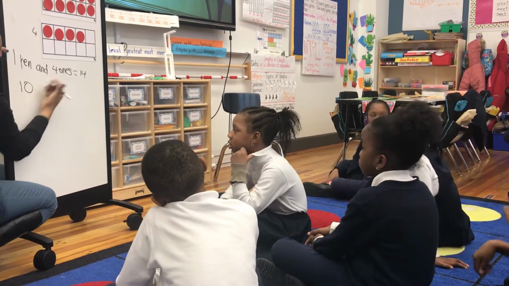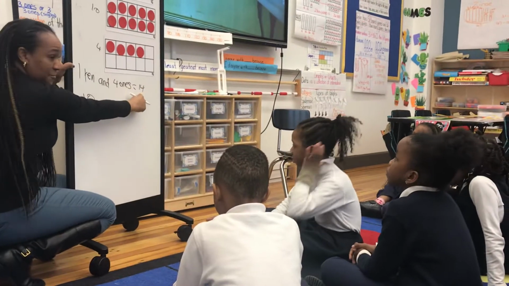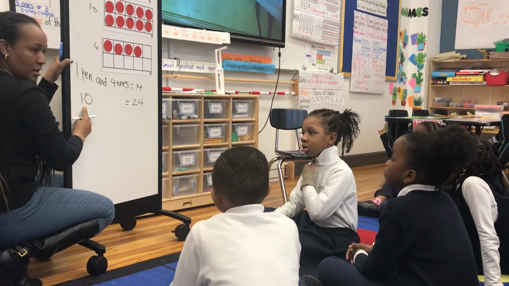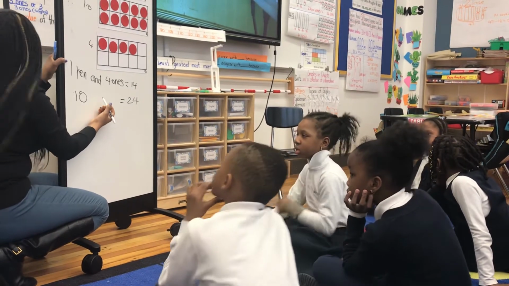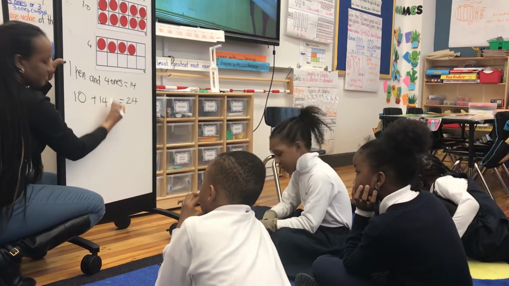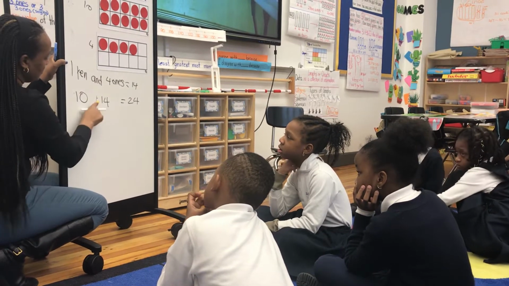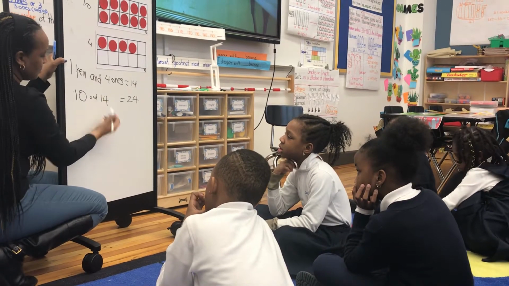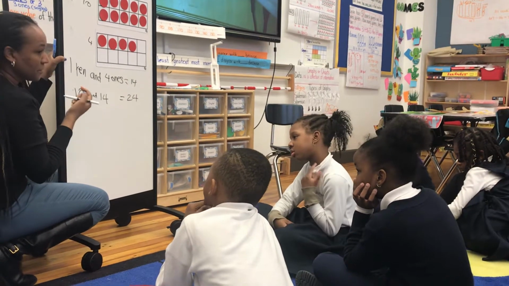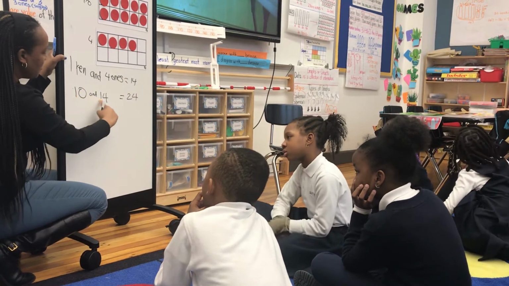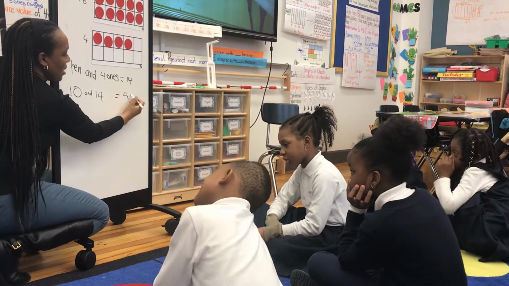Okay, so can you show me how this would be 24? You said 1 10 and 4 is 14. And then if you have a 10, and then you will have 4 and 1. That equals 24.